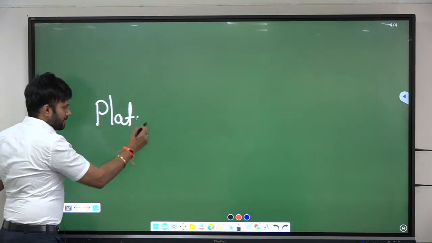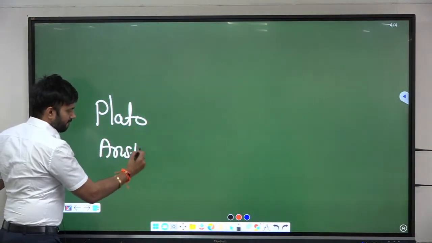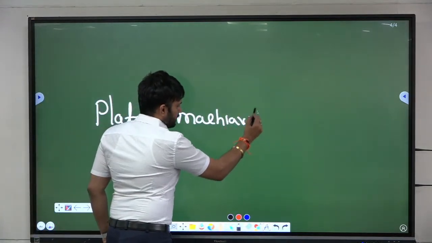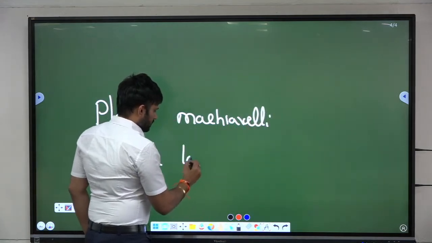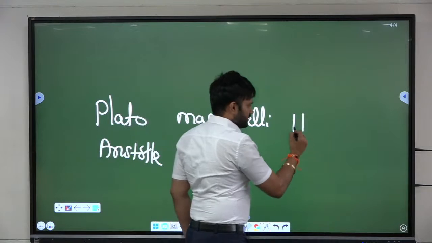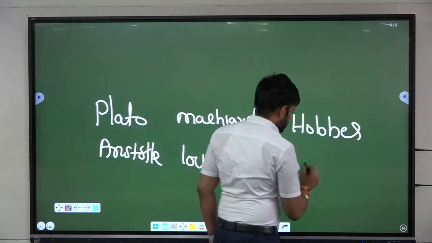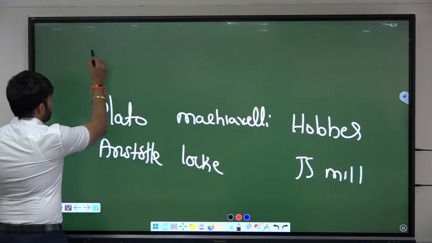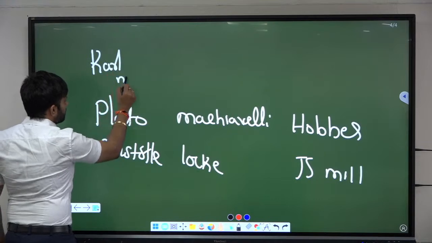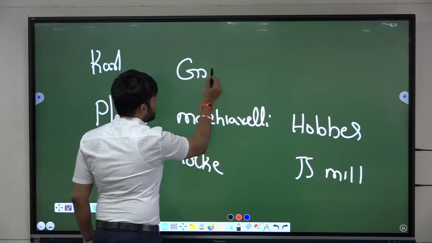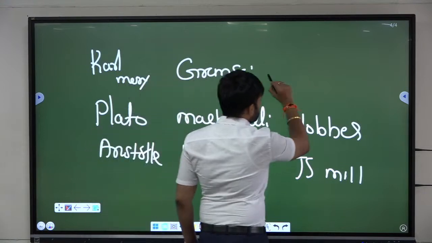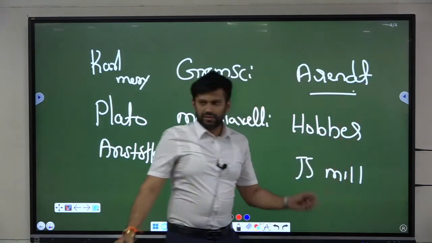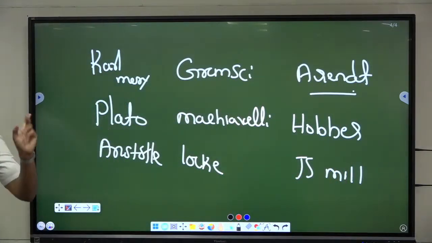Plato, Aristotle, then Machiavelli, then you have Locke, Hobbes, J.S. Mill, then you have Karl Marx, then you have Gramsci, and finally Hannah Arendt. So among the 9 thinkers, the one woman thinker is Hannah Arendt.